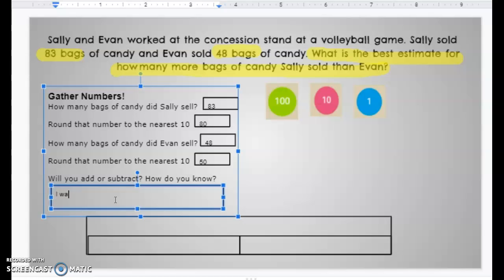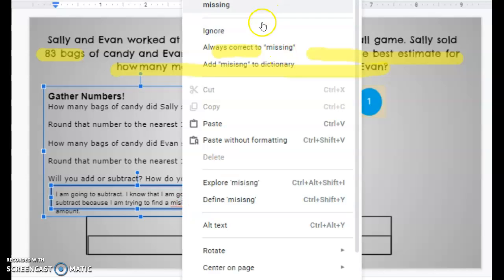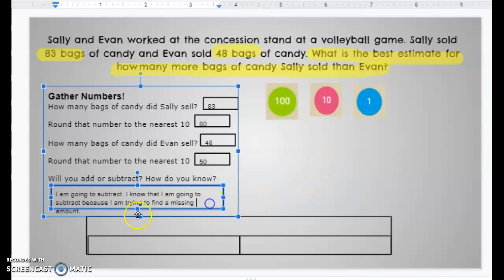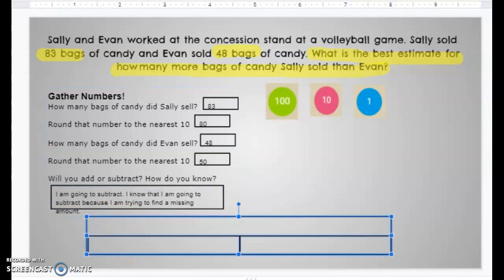So you would say, I am going to subtract. I know that I am going to subtract because I am trying to find a missing amount. If you don't have that amount, you have to go find it. You have to go get it, and you're going to subtract to do that. So, round the number to the nearest 10. I did that. So I'm going to plug these numbers into the place value with my numbers that are rounded.